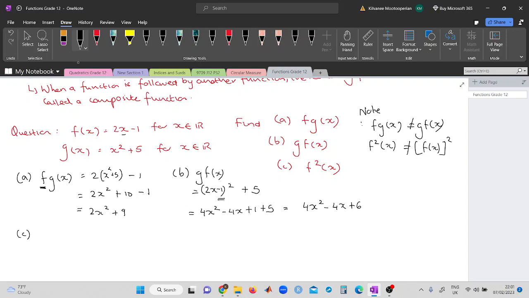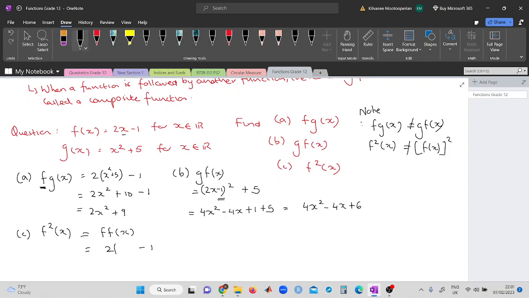Après, partie C, on a f squared of x. Ça dit f of f of x. C'est pas f times x, hein? Pas f times f, non. It's f of f of x. Donc, sa fonction f là, elle peut remplacer par f même. So, it's 2x minus 1, mais pour tout x, on peut remplacer par la fonction f.